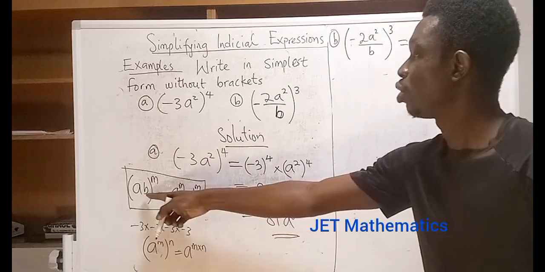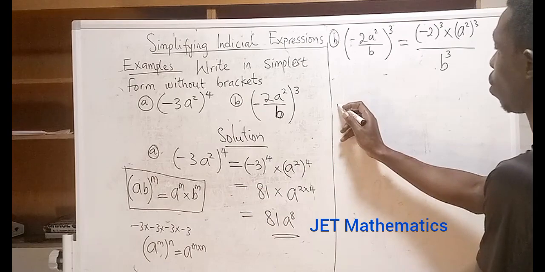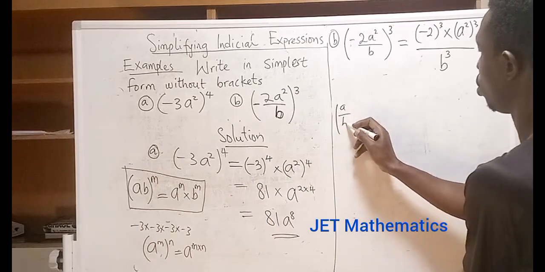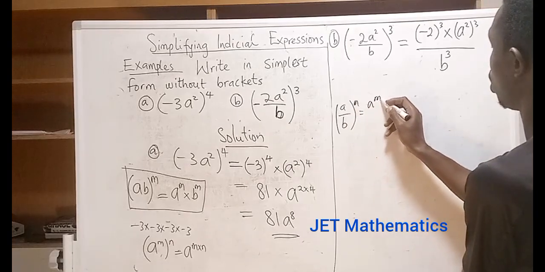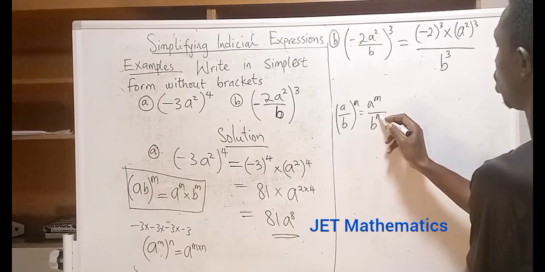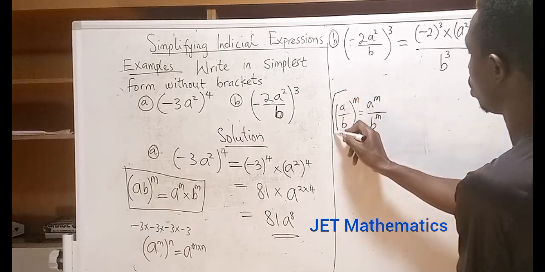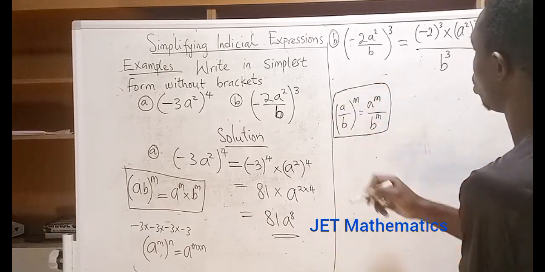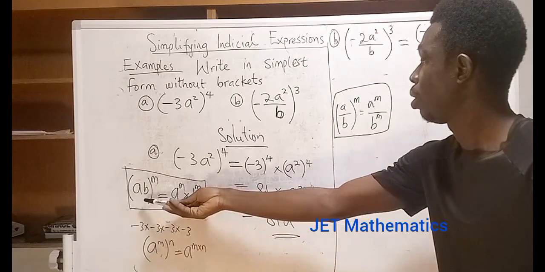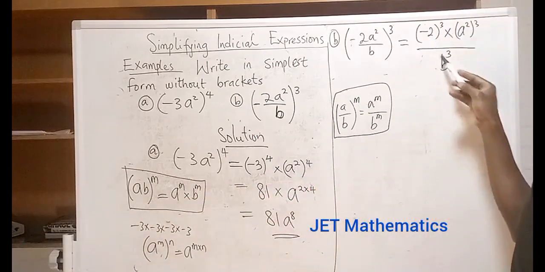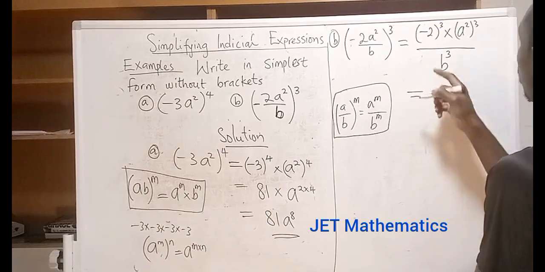It's true for multiplication and also for division, as I showed you in the other law that says (a over b) raised to the power m is equal to a^m over b^m. I showed you this law before while we were discussing laws of indices. So this is what we have used here. The next thing is to simplify.